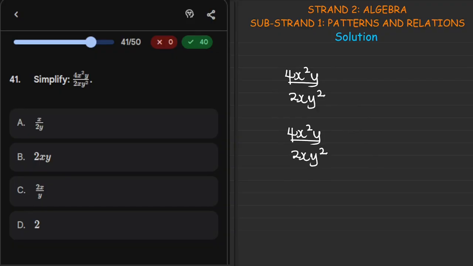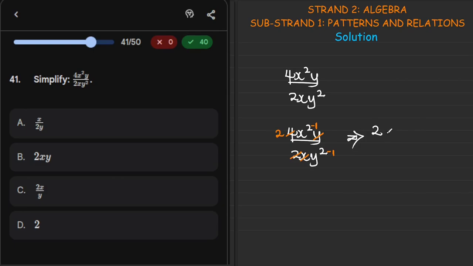So we work first of all on the coefficients. So we have these taking out these as well. Then this x reducing this by 1. Then this y also reducing this by 1. So with that, what do we have left? For this numerator, we have 2.